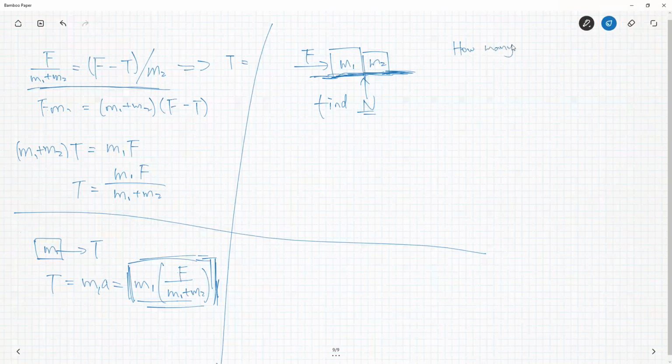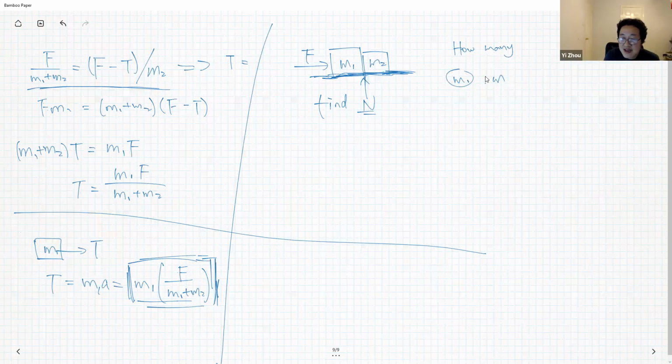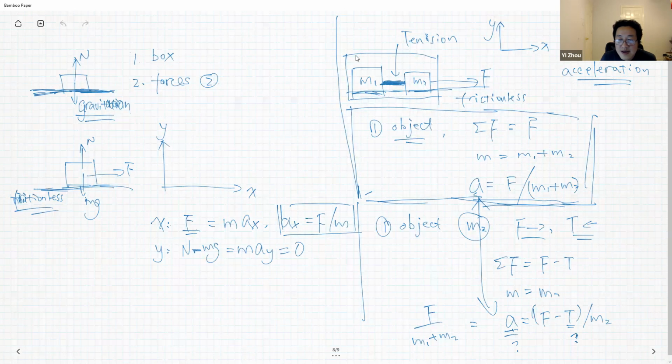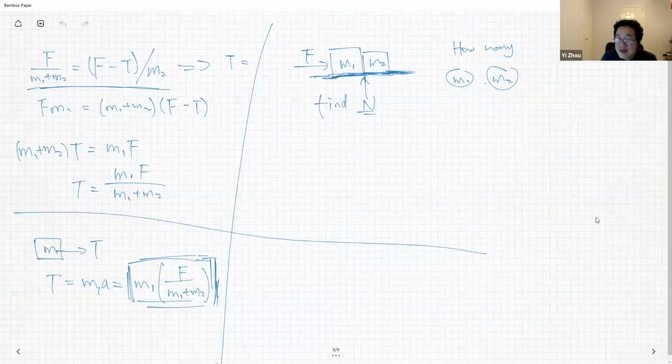M1 and M2. We can choose M1, we can choose M2. Is there any other one we can choose? Both of them together. Yes, we can also choose to study them together, so we can also choose M1 plus M2.